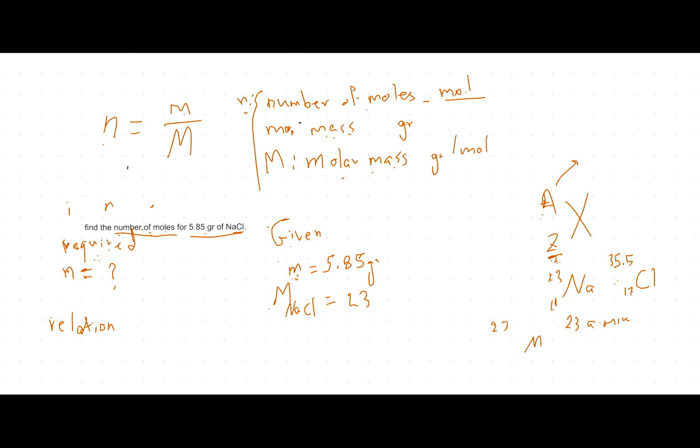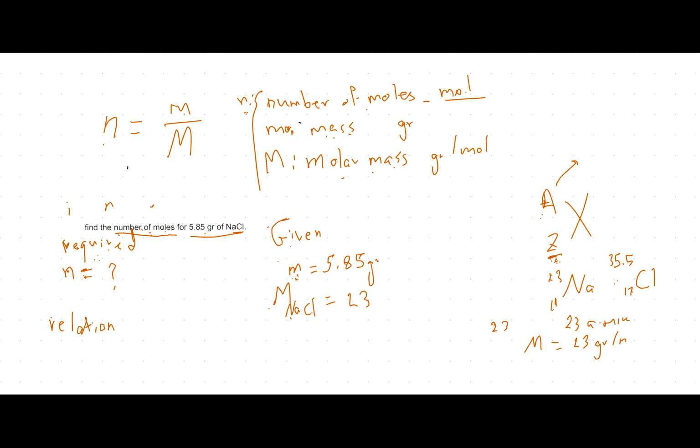Okay? So we will work on this more, but I am just trying to let you know where I get it from. Here my compound is sodium chloride. This means it's made up of one atom of sodium and one atom of chlorine.